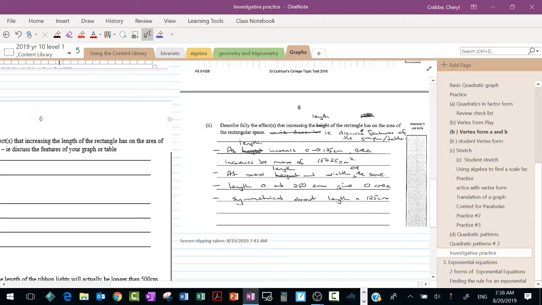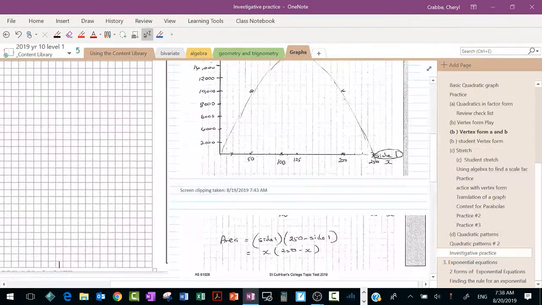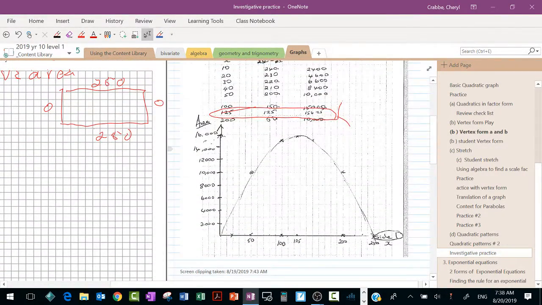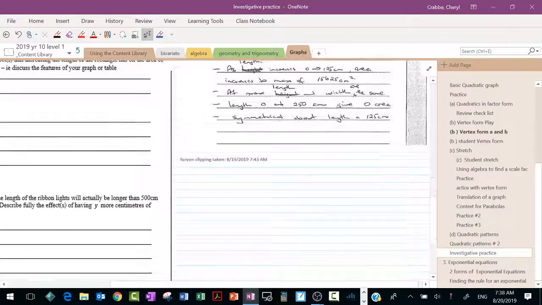Lengths of 0 and 250 centimeters give 0 area, symmetrical about the length of 125 and so on. So you just talk about the features. If you've drawn a graph, you know that the line of symmetry is at x equals 125. You know that 0, 0 is a point on the x-axis, you know 125, 0 is a point, and so on. You just talk about the features.